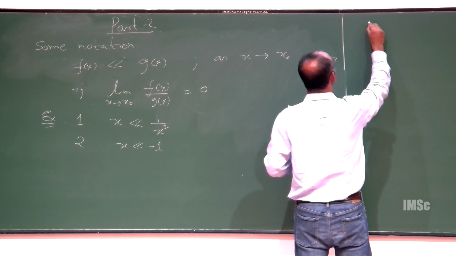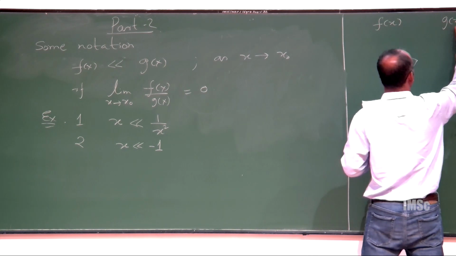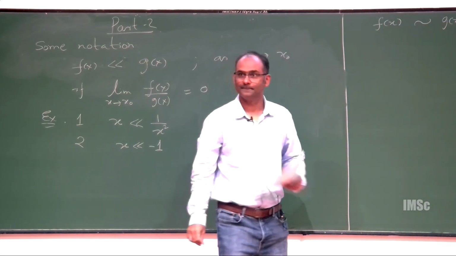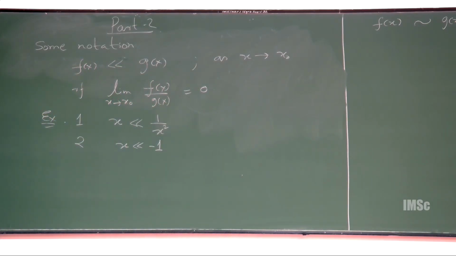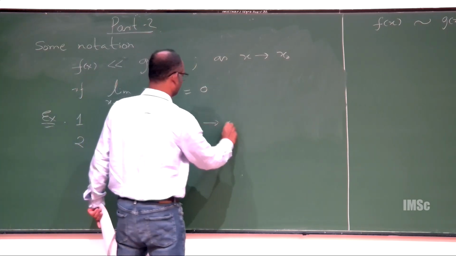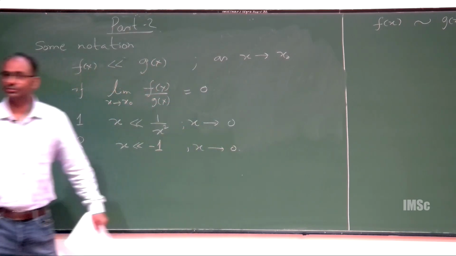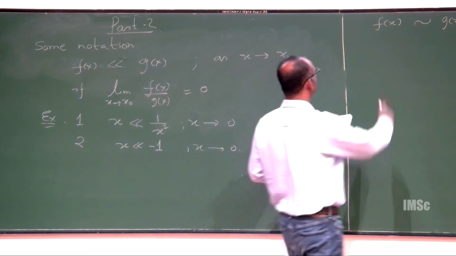Second notation, we say two functions are, okay, let's say f(x) is asymptotic to g(x) as x goes to x naught.